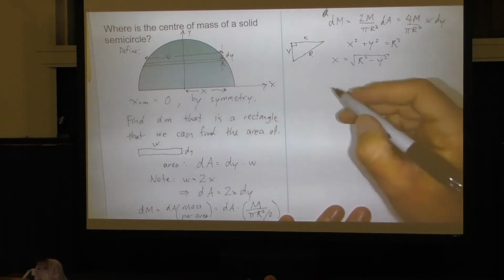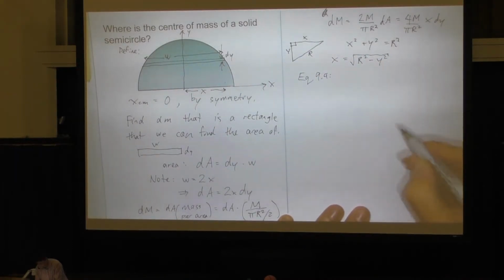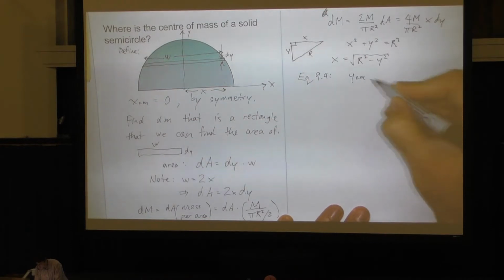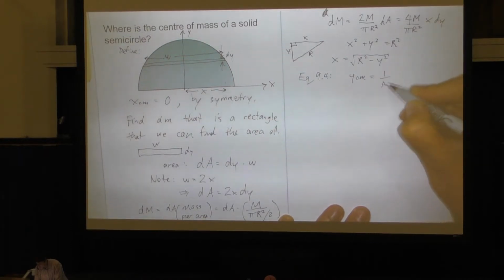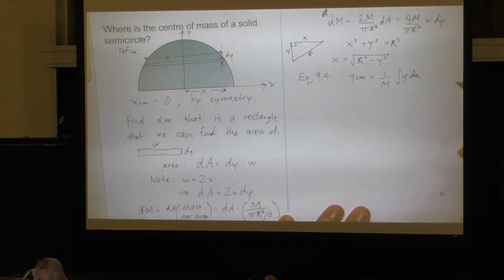So the whole reason we're doing all this is we're going to use equation 9.4, which is that the y of the center of mass is equal to 1 over the mass times the integral of y times dm.